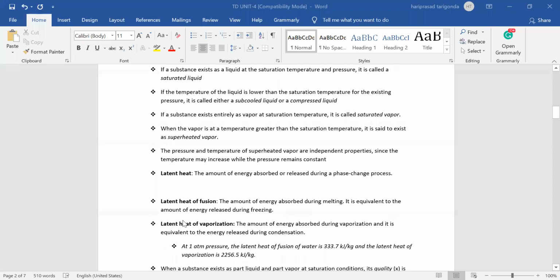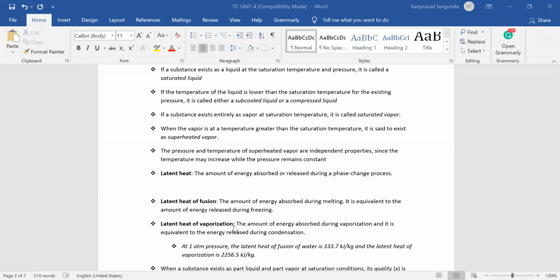Next one comes to latent heat of vaporization. Latent heat of vaporization is the amount of energy absorbed during vaporization, and it is equal to the energy released during condensation. Generally, at atmospheric conditions, water will be boiled at 100 degrees centigrade and formed into vapor.